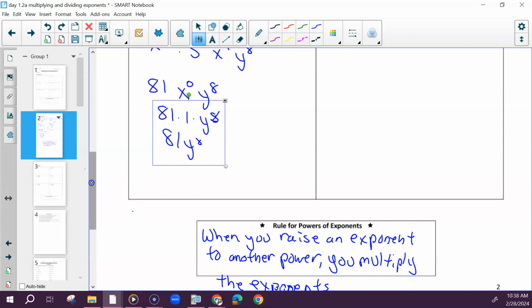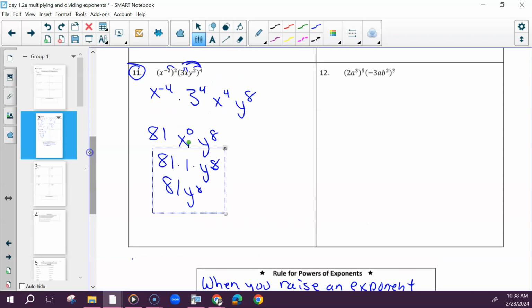Other questions on this one or this page? What is the x again? Anything to the 0 power is 1. And also, what is the x with negative 4? So we added our like bases to get that 0.